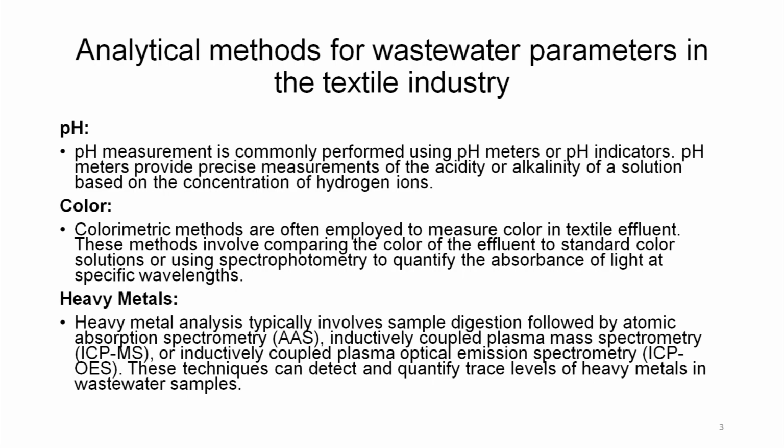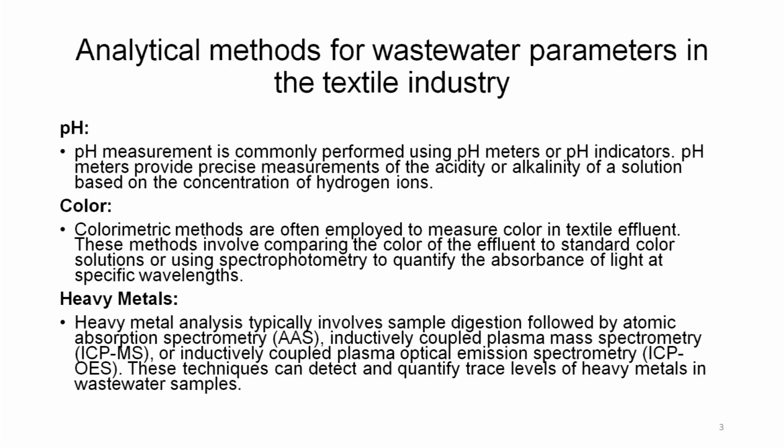Colorimetric methods are often employed to measure color in textile effluent. These methods involve comparing the color of the effluent to standard color solutions, using spectrophotometry to quantify the absorbance of light at specific wavelengths.